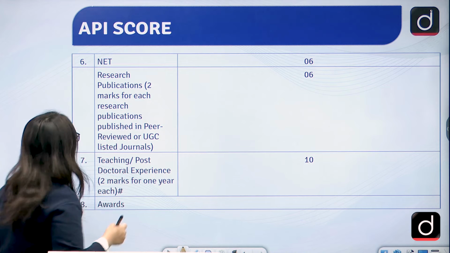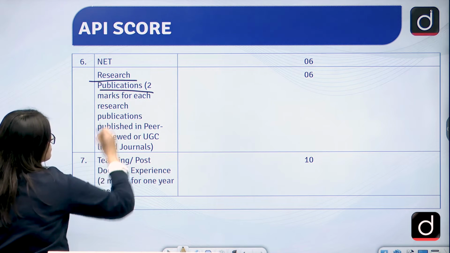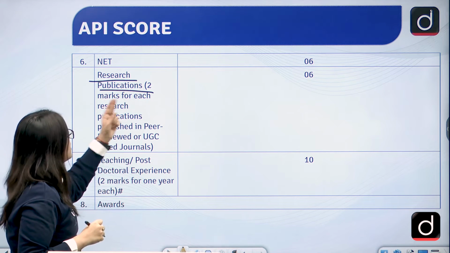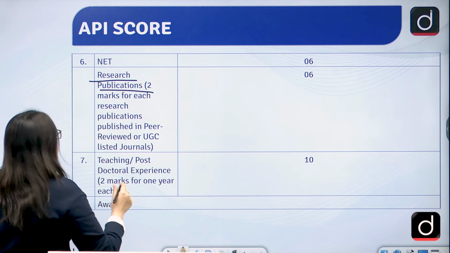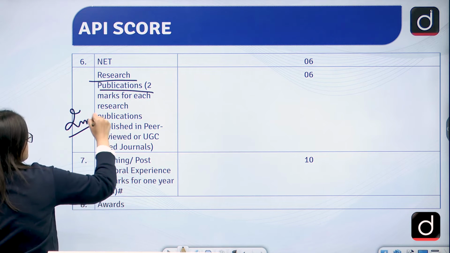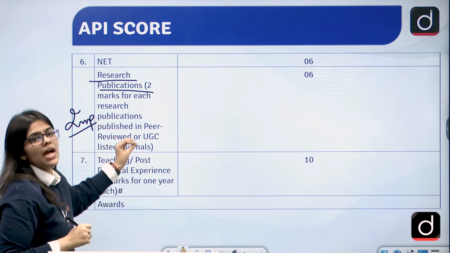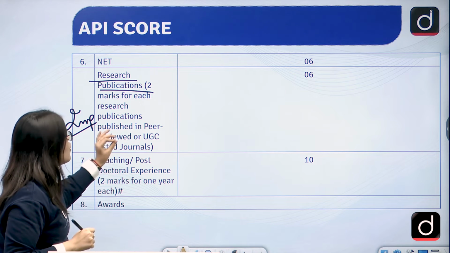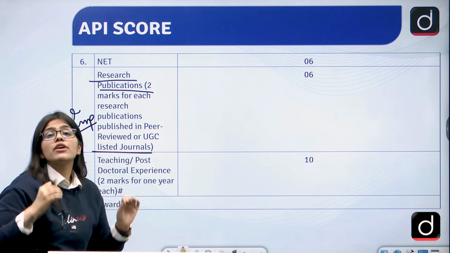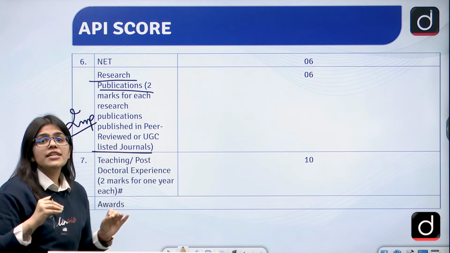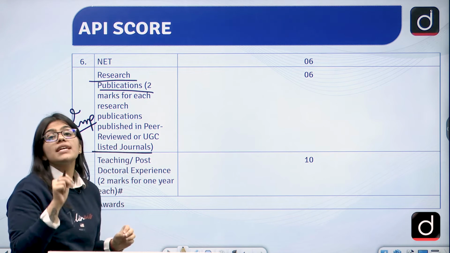If you have a research publication, 2 marks for each research paper or publication can be awarded to you. But again, it is important that you publish that paper in a peer-reviewed or a UGC listed journal, right? It should be recognized by UGC and it should be under the UGC CARE list.